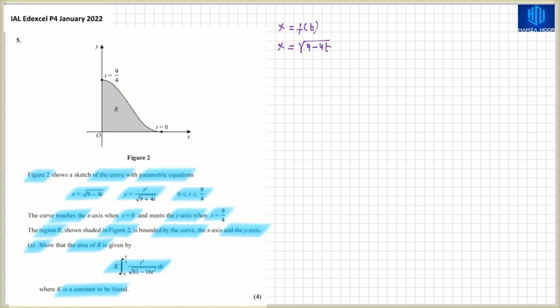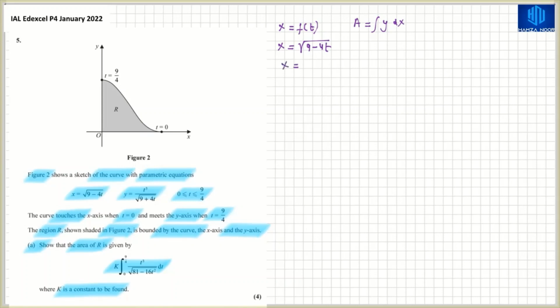Why? Because the area is equal to the integral of y with respect to x, so we need something in place of dx, so that we can convert it into a form in terms of dt as per the requirement of the question. According to the chain rule, we are going to find dx over dt.